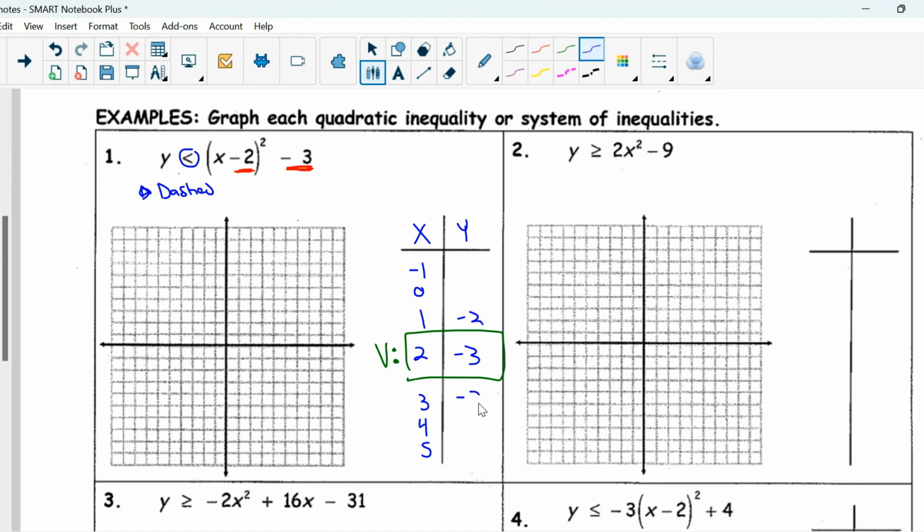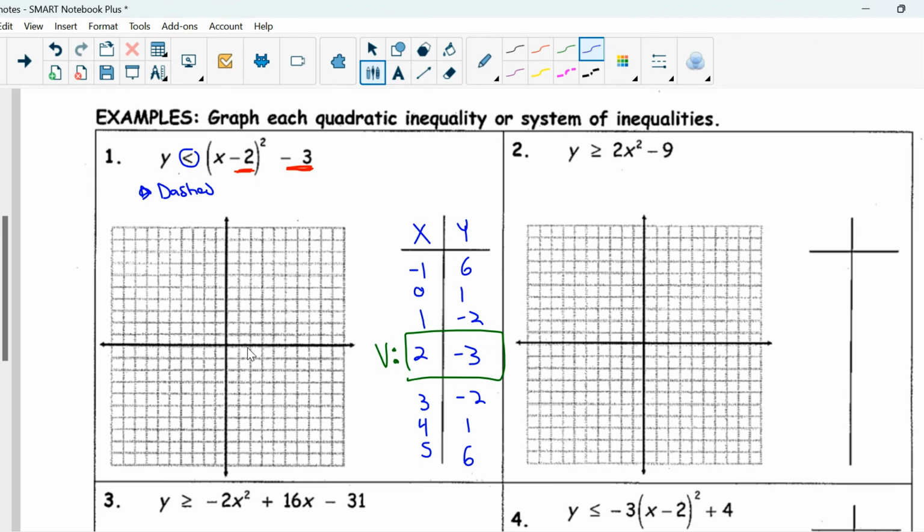That's the same on both sides. For 0, -2 squared, which is 4, minus 3, gives me +1 on both sides. For -1, we got 9 minus 3, which is a +6, both sides. So let's go ahead and graph our quadratic.